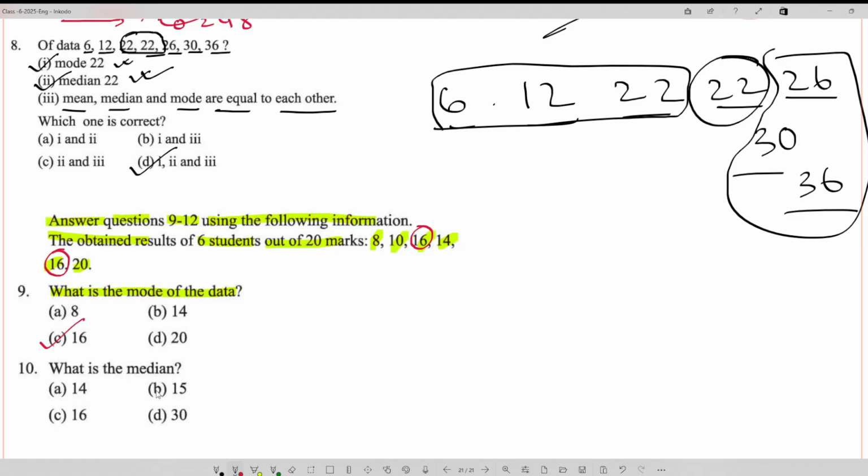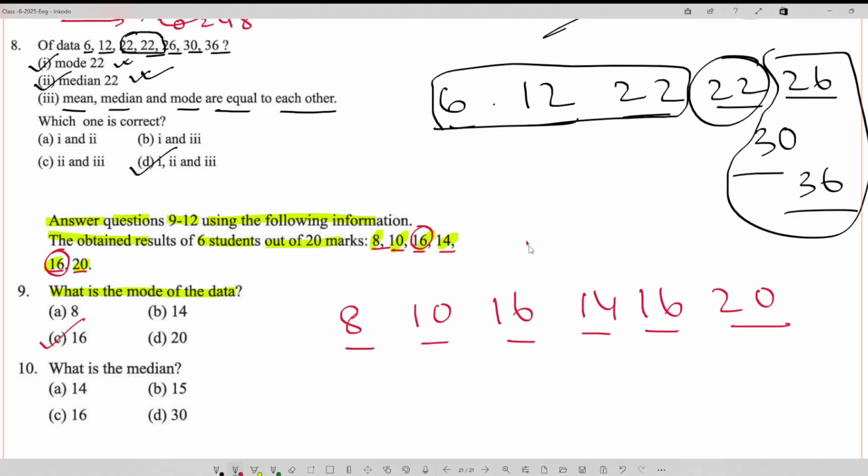Now, what is median? So, here is 1, 2, 3, 4, 5, 6. We can write this one 8, then 10, then 16, then 14, then 16, then 20. Here n equals 6.